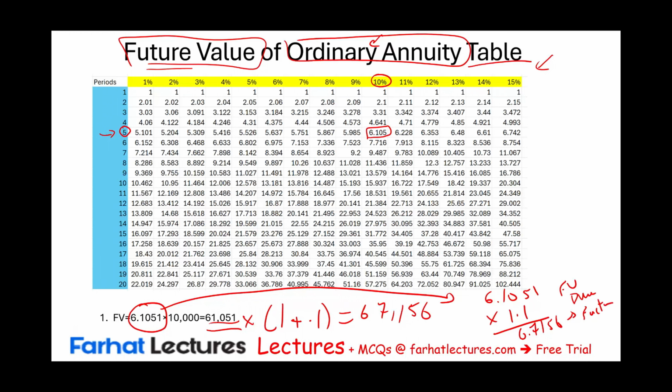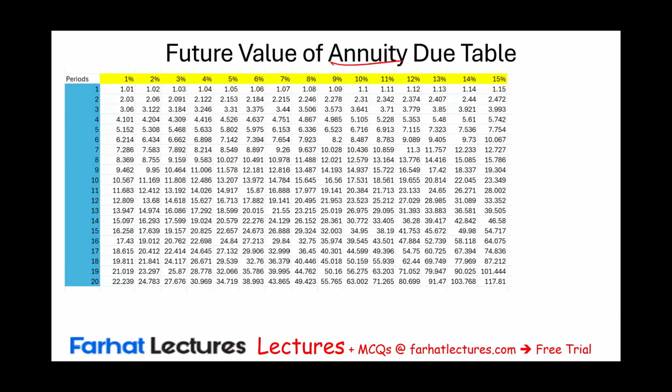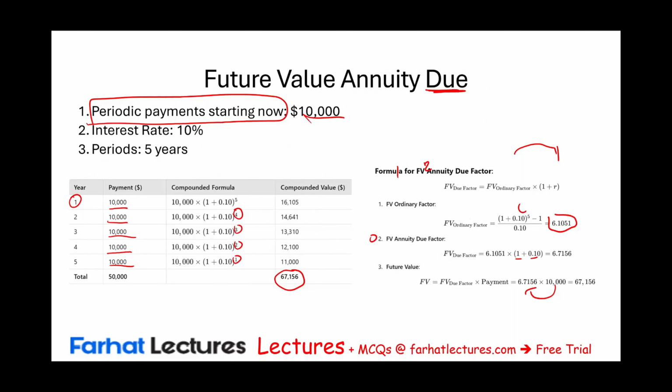Okay, so you want to be familiar. Why? Because in your textbook, they might give you the future value annuity table. If they do give you the table, make sure you're using the proper table. Make sure you are dealing with an annuity due. In our example, 10%, 5 periods, 6.716, or 6.7156, rounding.